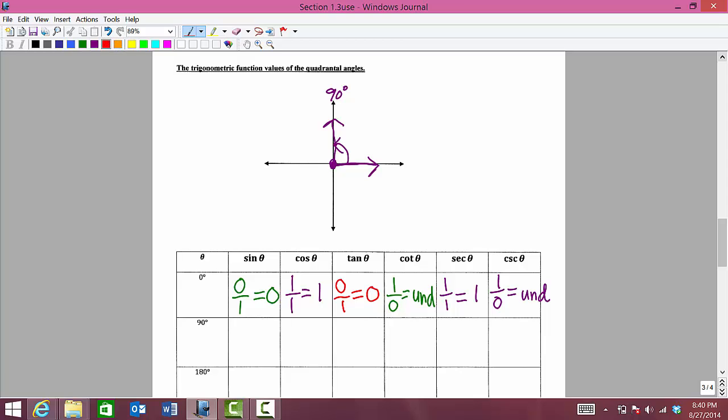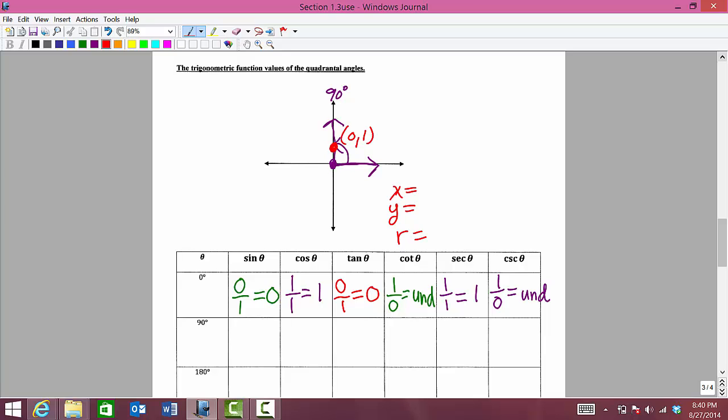And we want to find, once again, the x value, the y value, and we want to find r. So we can pick any point that lives on the terminal side of 90 degrees. So once again, we're going to pick the easiest point, 0, 1.